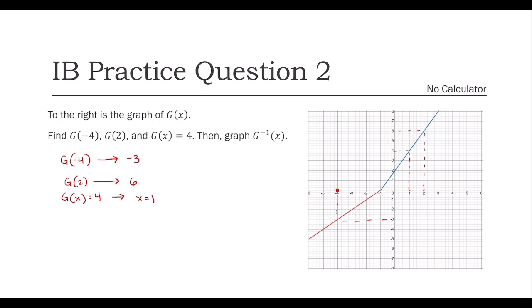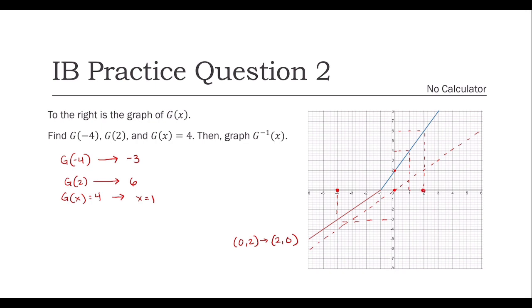So now we need to graph g inverse of x. What we could do is draw a line at y equals x and reflect our graph over that. Or you can find points and then flip your x and y values. So we have a point here at 0, 2. So for our g inverse of x, it's going to be 2, 0.